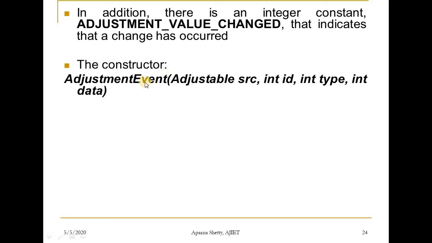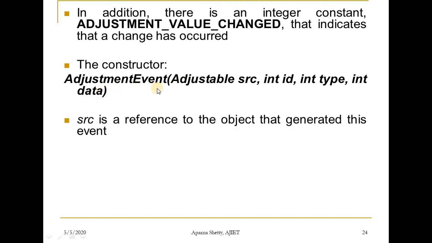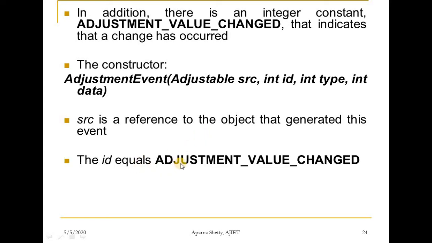The constructor adjustment event takes these parameters: adjustable source, int id, int type, int data. So these are the parameters to the constructor adjustment event. Here, source is a reference to the object that generated this event. The ID equals the adjustment value changed.